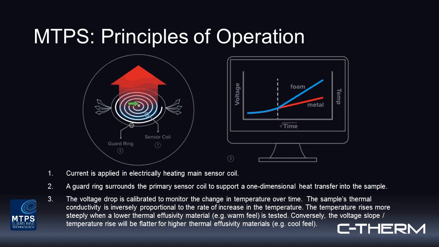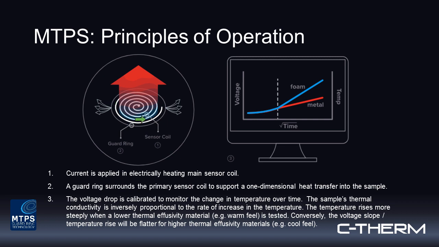I won't get into the physics of that too in depth in this presentation, but it's very important from the perspective of measuring thermal effusivity and related properties such as conductivity accurately. If you don't have a guard ring on the sensor, then your ability to measure effusivity is greatly compromised. And again, effusivity is that fundamental heat transfer property that determines whether something feels warm or cool to the touch.